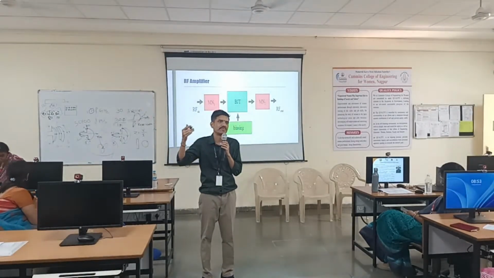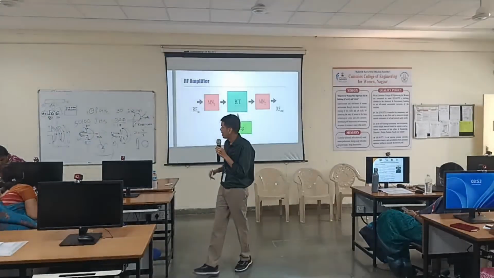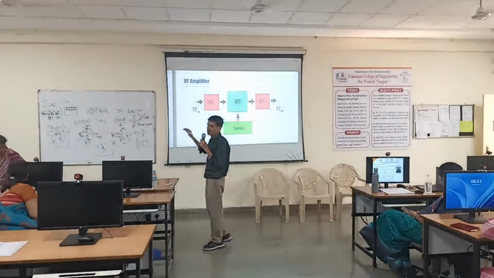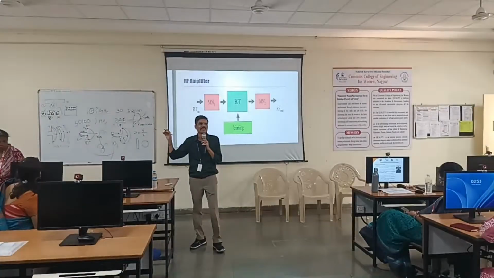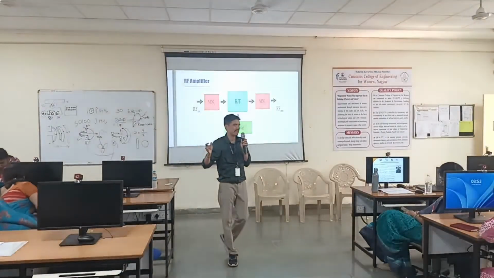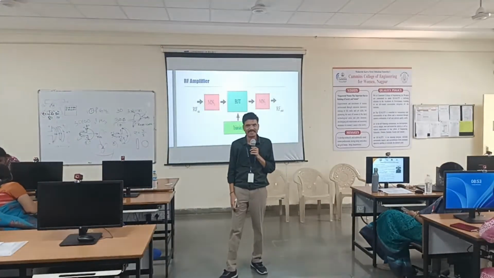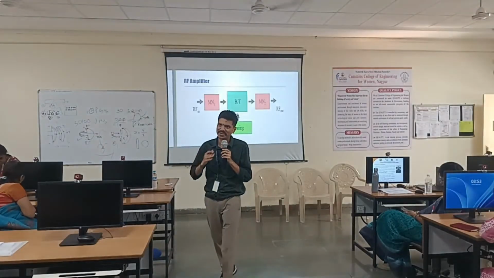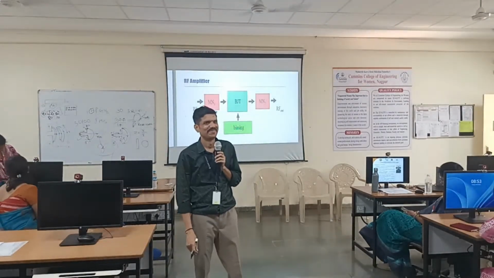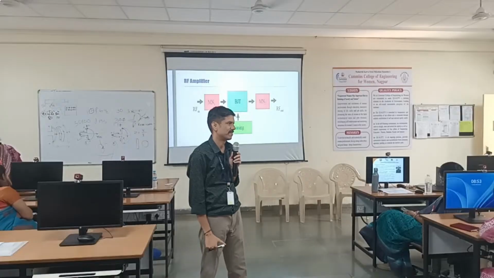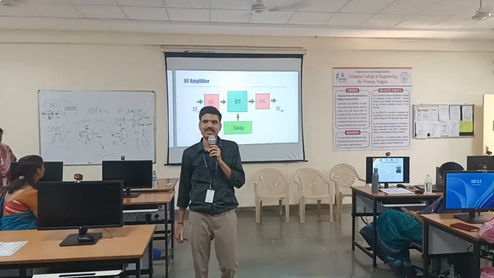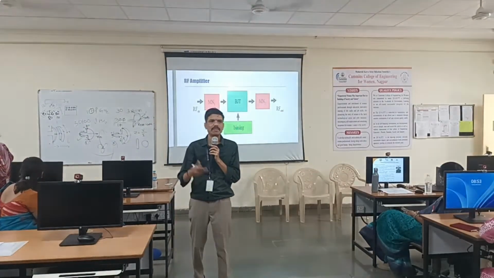Higher order filters we use. So similarly, multiple lambda by 4 lines can be connected in series to get the broadband response. That's it. This is what I am going to tell you for the rest of the time, but in some systematic manner. Please, if you have any question, feel free. Otherwise, we can move on to the slides.